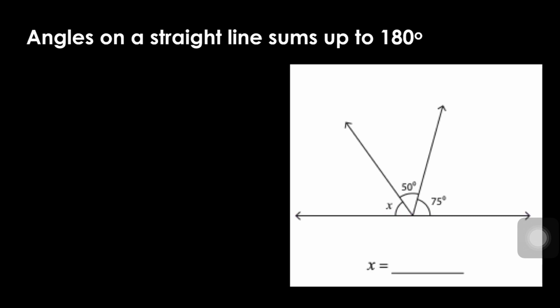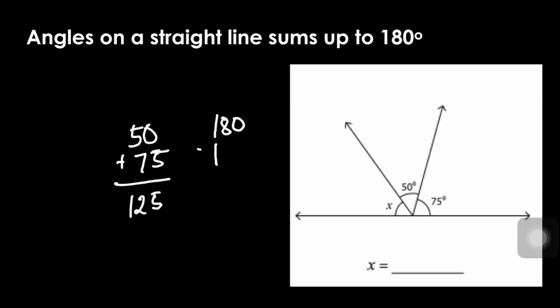So to get x, we can add 50 plus 75, giving us 125, and then subtract that from 180. So it would now give you 55 degrees. We now know that x is 55 degrees.